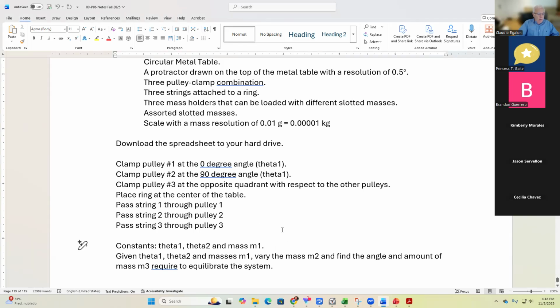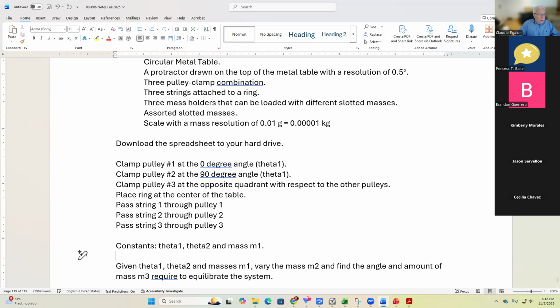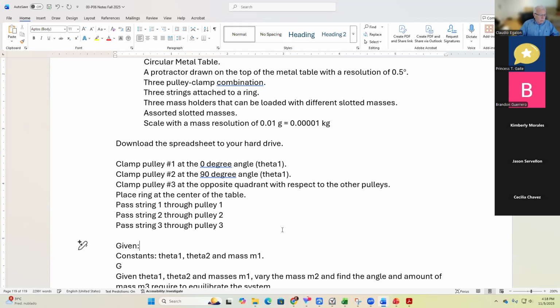What is going to vary? We have those constants that are given, and we also have a variable parameter, mass m2.